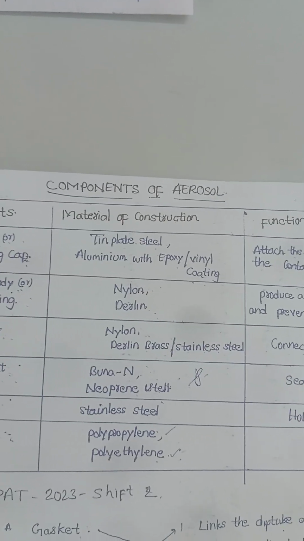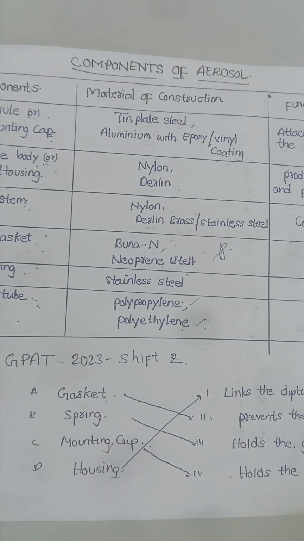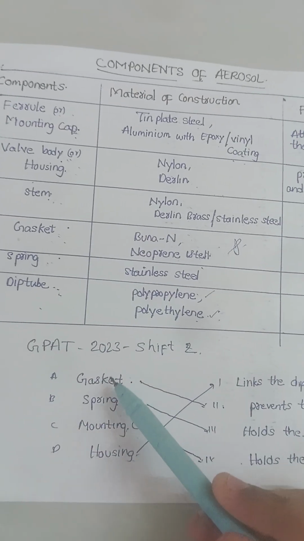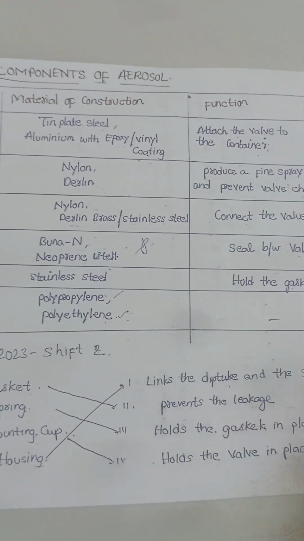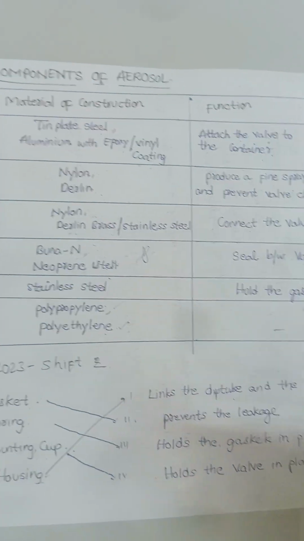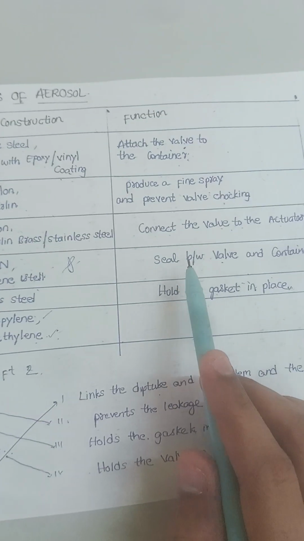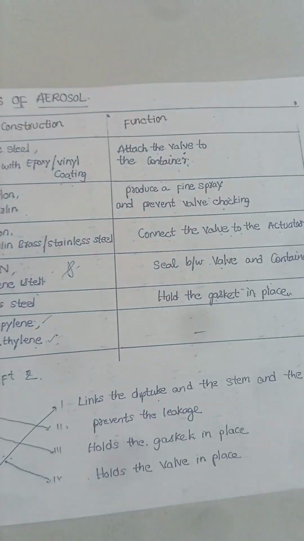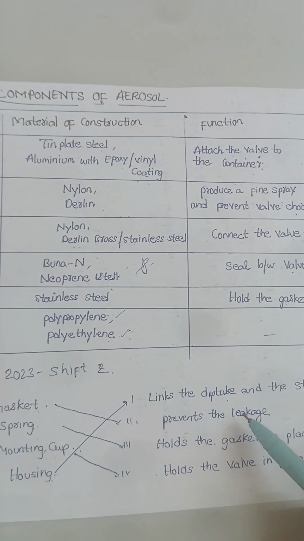So we'll look into one last year question, that is GPAT 2023 shifted 2 question. They have given the components of your aerosol, that is gasket, spring, mounting cap and housing, and they ask to match with the function. Very easy, straightforward. The gasket helps to seal between valve and container, so it prevents leakage.